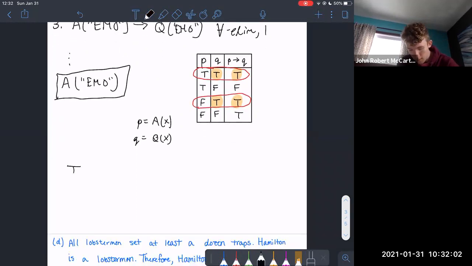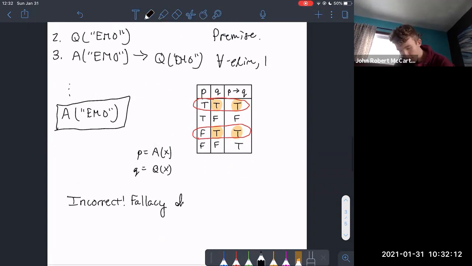So again, this is an incorrect conclusion. This is known as the fallacy of affirming the conclusion.